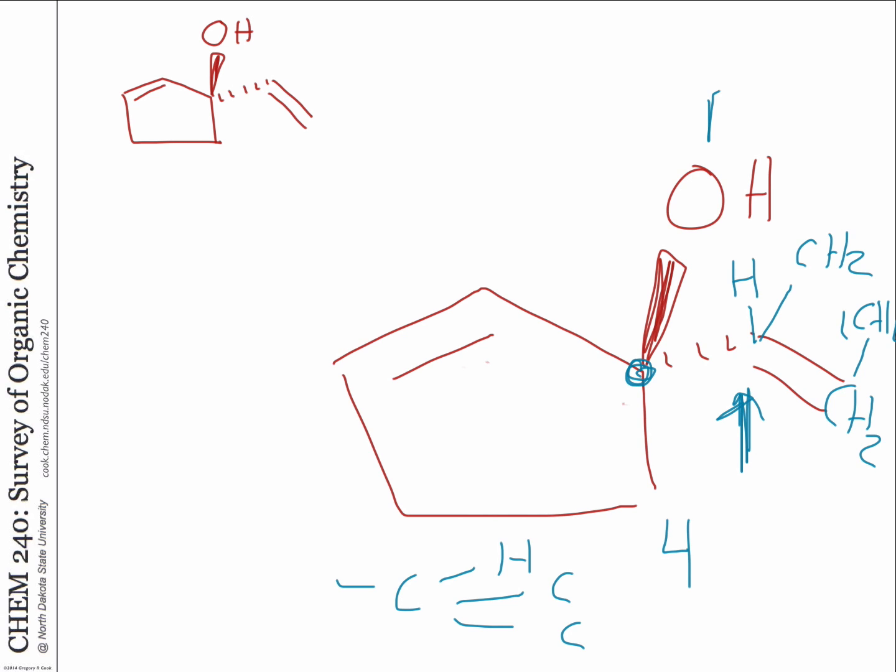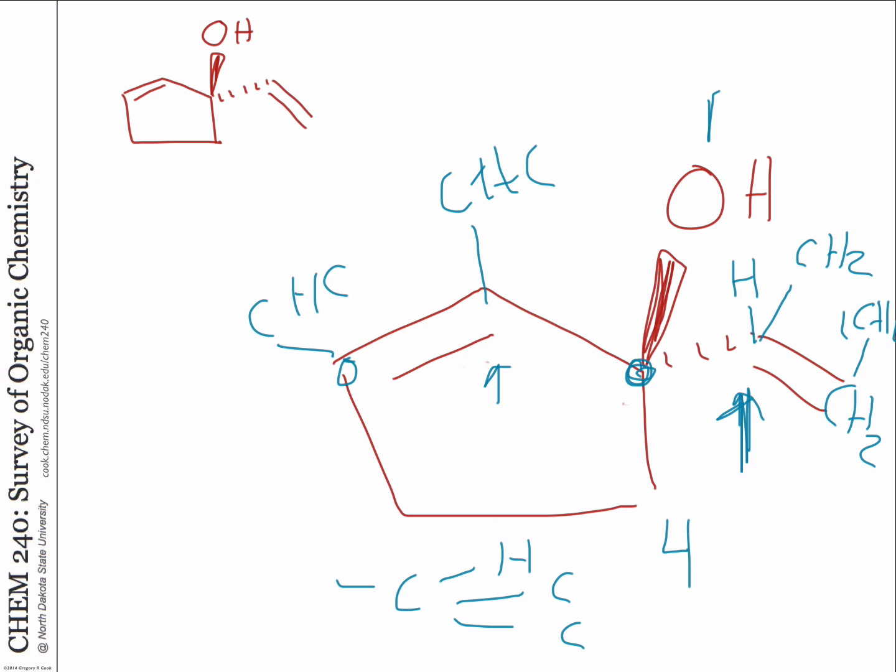Okay, how about this carbon? We think about those the same way. This one ends up over here, so that's a CHC. Okay. And this one is a, what? CHC also, I think.